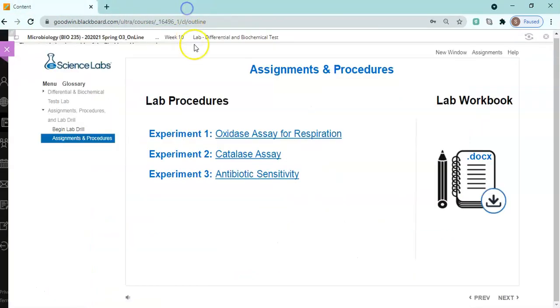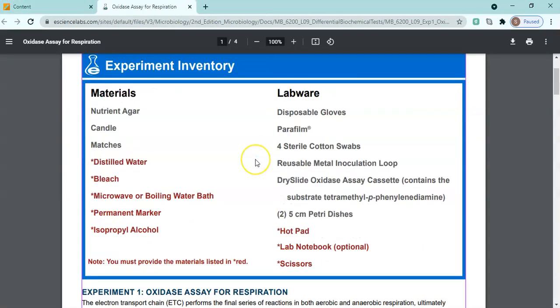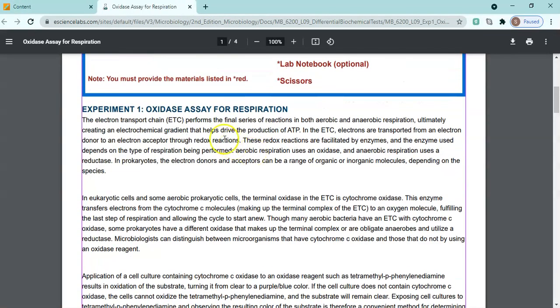And then also, we had two other tests that were done here. We had the oxidase assay, and remember that the oxidase assay is specific for the electron transport chain, or ETC, and this is a series of different intermediates that are used to transfer an electron through a series of oxidation reduction reactions, used specifically in aerobic respiration.